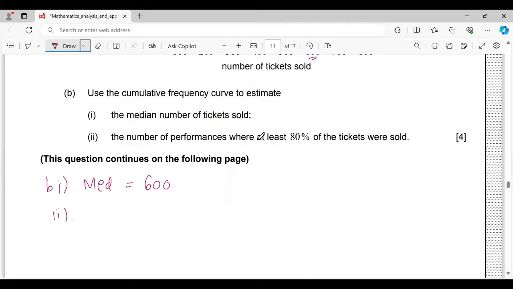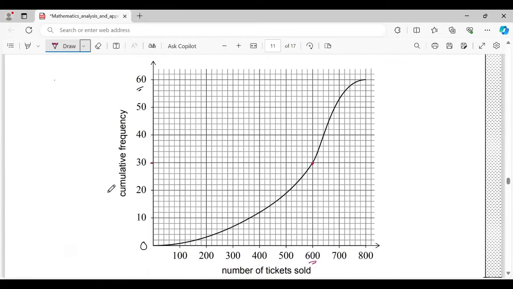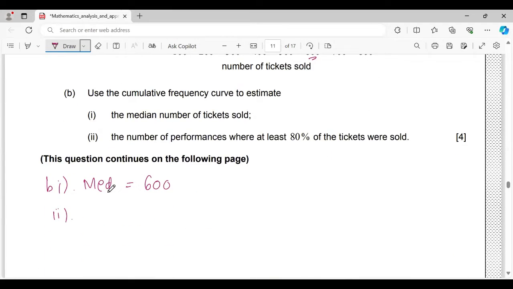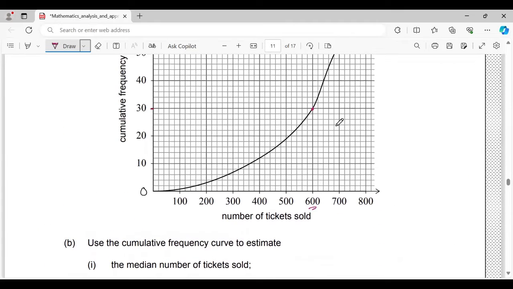Part two, the number of performances where at least 80% of the tickets were sold. Look on this graph, 80% of 800 is 640. 640, this 620, 600, 620, 640 here, and 640 means this.